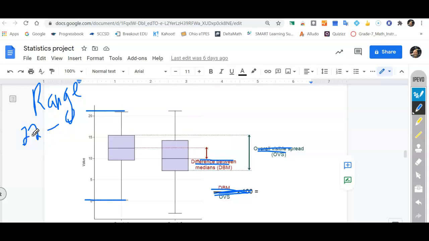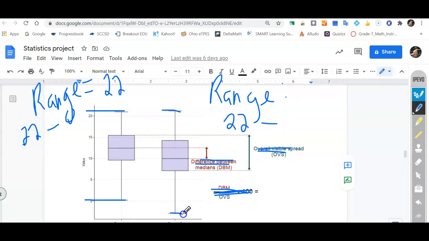So the range on this first one is 22. What's the range on the second one? It goes anywhere from 22 again to negatives. So we'll say -3. So what's the range on that one?